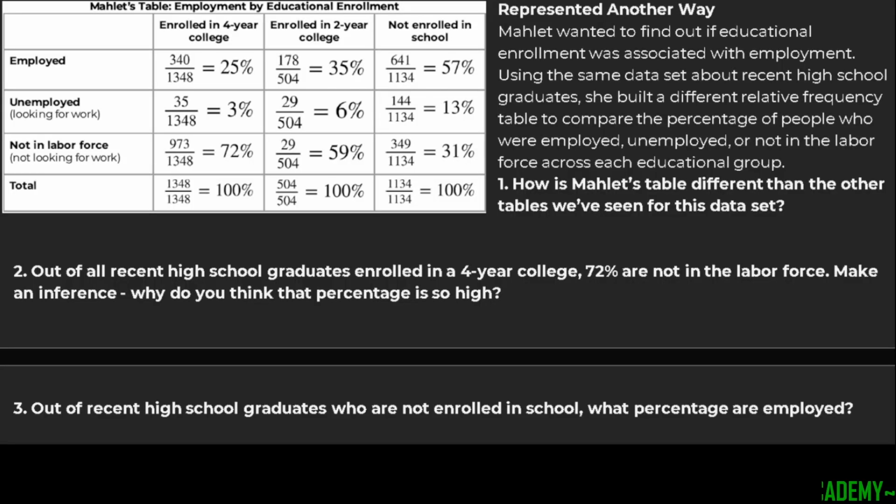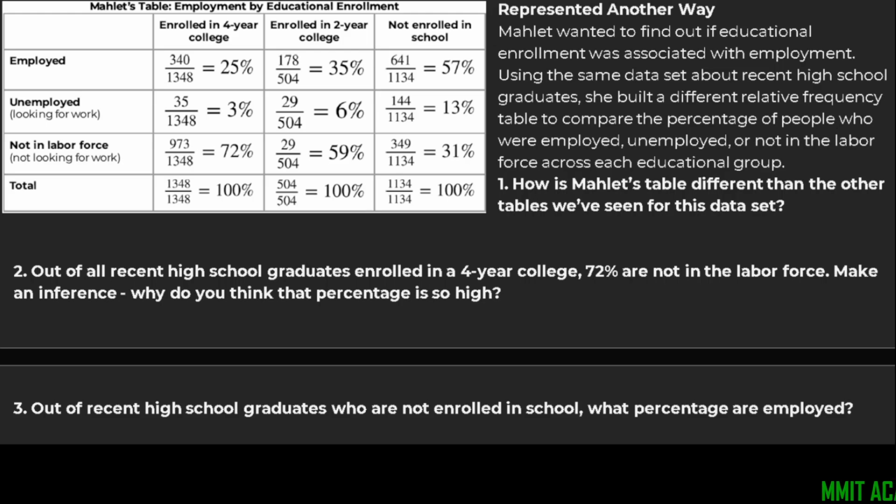Then for the next part, this is represented in another way. So it says Mallet wanted to find out if educational enrollment was associated with employment. Using the same data set about recent high school graduates, she built a different relative frequency table to compare the percentage of people who were employed, unemployed, or not in the labor force across each educational group.